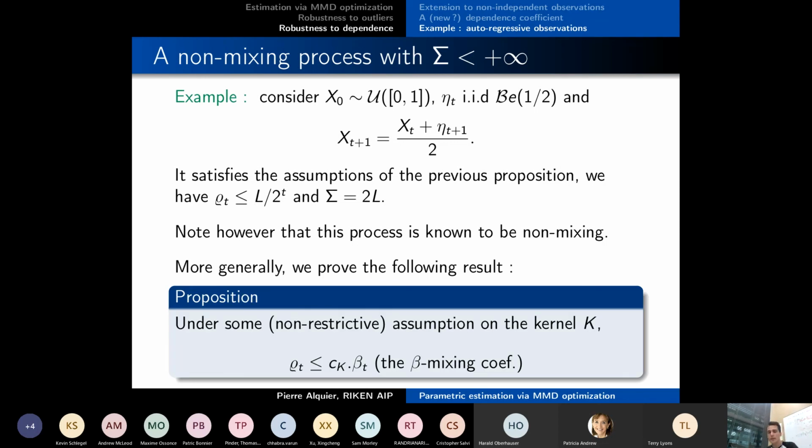And more generally, we also prove that under very general assumptions on the kernel K, the rho t remains always bounded by the beta mixing coefficient. So it's nice because it means that even if you're not completely sure of your independence assumption, you still have some guarantees for the estimation method.